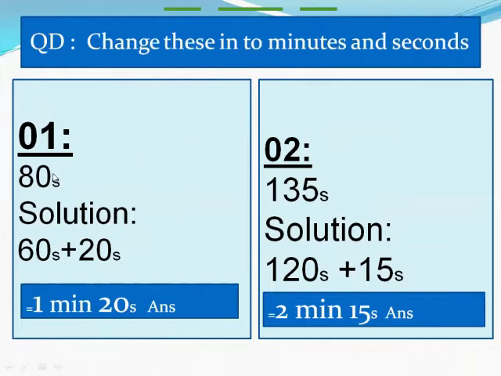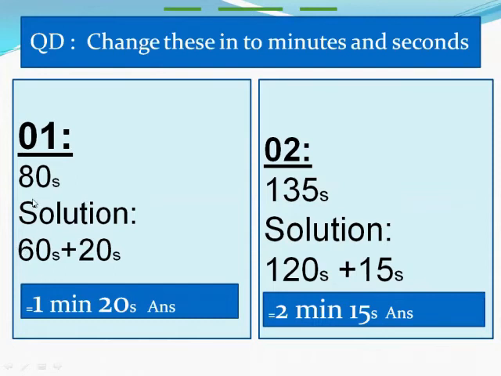See question number 1. 80 seconds. The values are given only in seconds. Now convert these seconds into minutes and seconds. In the previous slide we learned that 1 minute has 60 seconds.